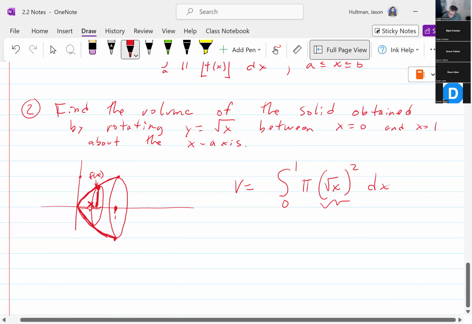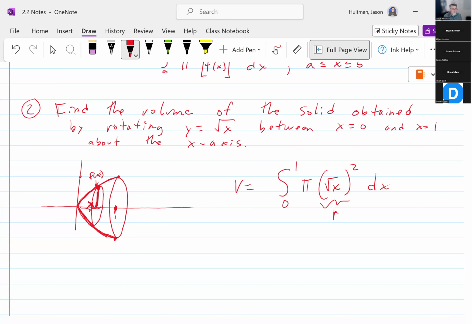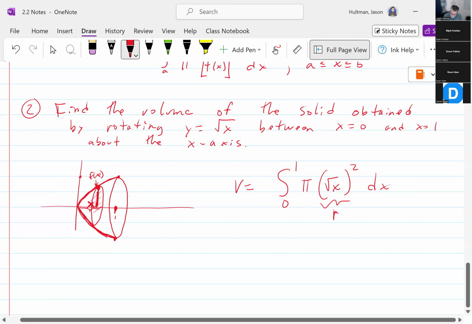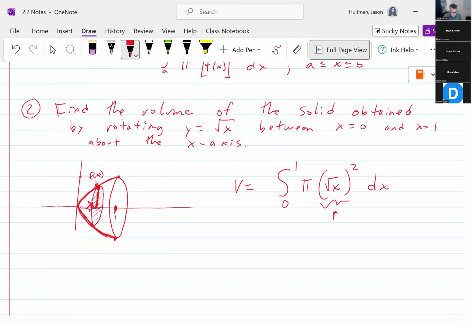Because the square root of x is r, it's the radius. So then we sum up all of our slices to get the total volume. This is going to give us the area of one slice, and then we're going to add up all of those slices to get the volume.